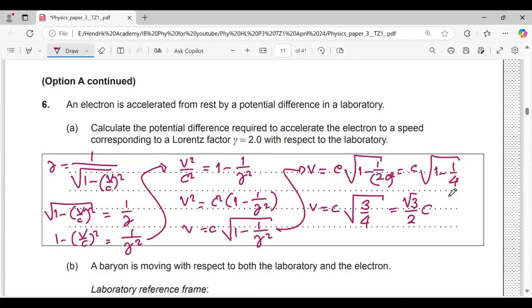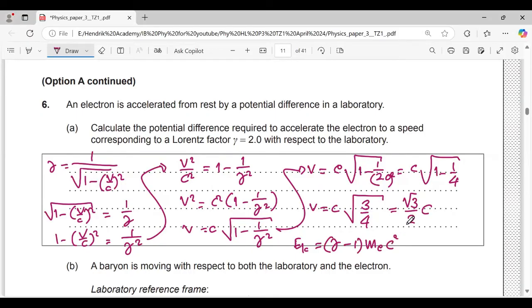Next, the relation between potential difference and kinetic energy. I'm going to write here that the kinetic energy is (gamma minus 1) times the mass of the electron times c squared.